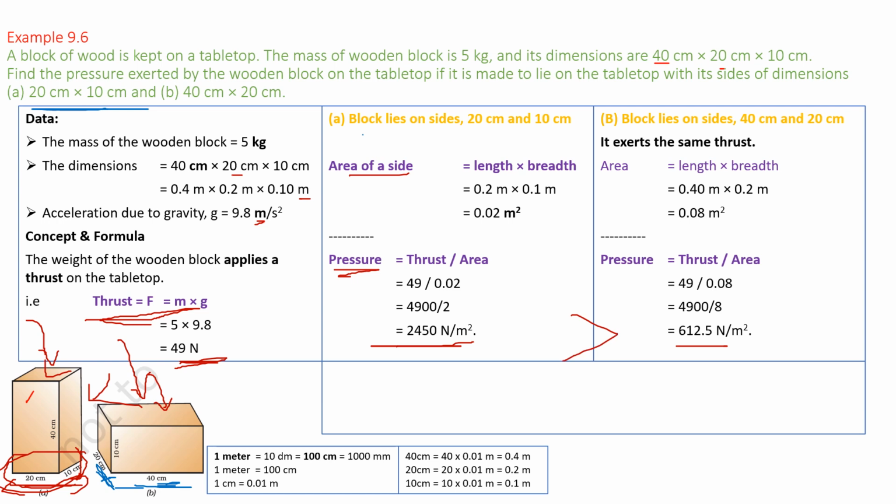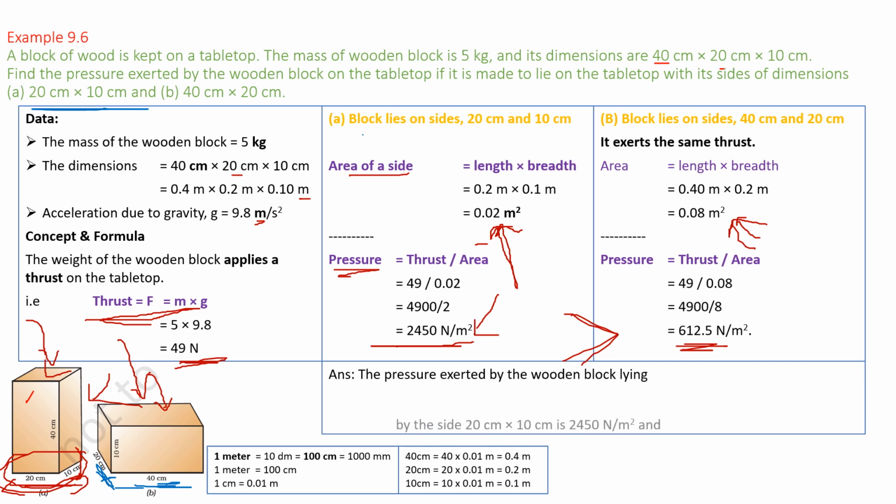Which is bigger? This is bigger. What is the observation here? We have a smaller area touching the tabletop. The smaller the area touching the top, the bigger the pressure. The bigger the area touching the tabletop, the smaller the pressure.